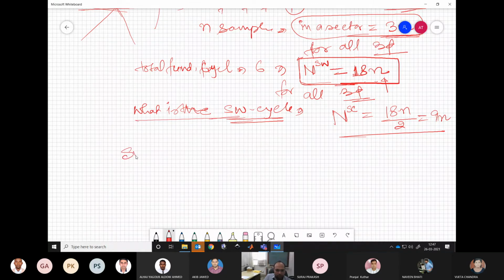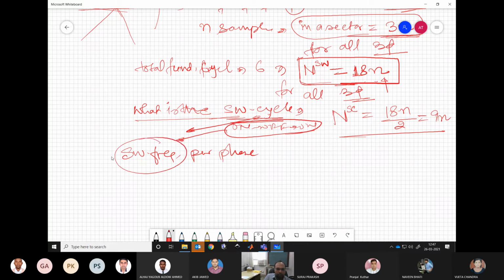So then our switching frequency per phase. A switching cycle is basically one on and off cycle, on to off, then off to on. So that is what is called one switching cycle, meaning the switching frequency for the fundamental period would be multiplied by the fundamental frequency.